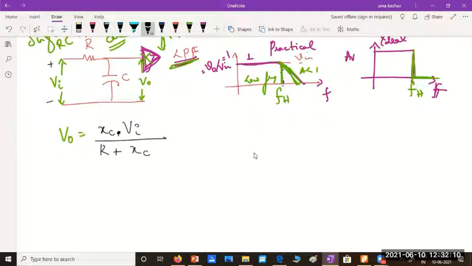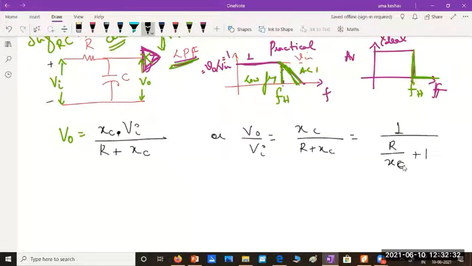I am interested in V_0 by V_i, the gain of the circuit or the transfer function. It is X_C by R plus X_C. If I divide numerator and denominator with X_C, can I write it like this? I'll write it as 1 by (R by X_C plus 1).